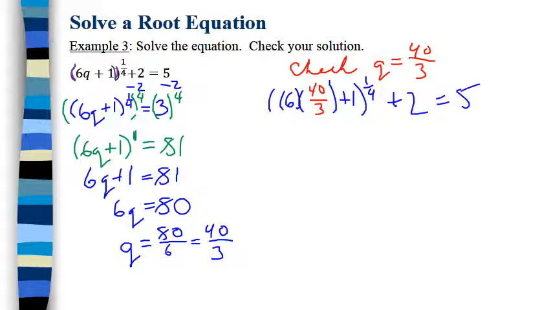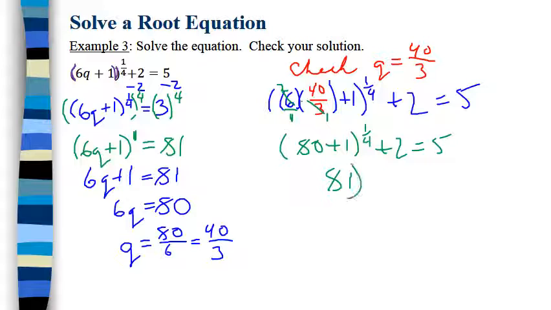Okay, so let's combine. So 6 technically is over 1, right? So since these are being multiplied right here, we can divide by 3. So this becomes 1 and this becomes 2. So now we have 80 plus 1 to the 1/4 plus 2 equals 5. So 81 to the 1/4 plus 2 equals 5.